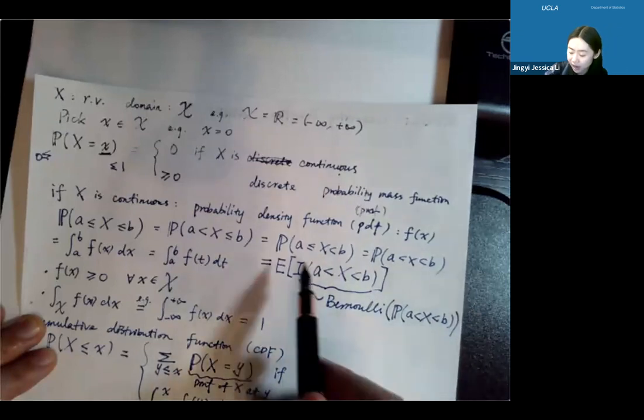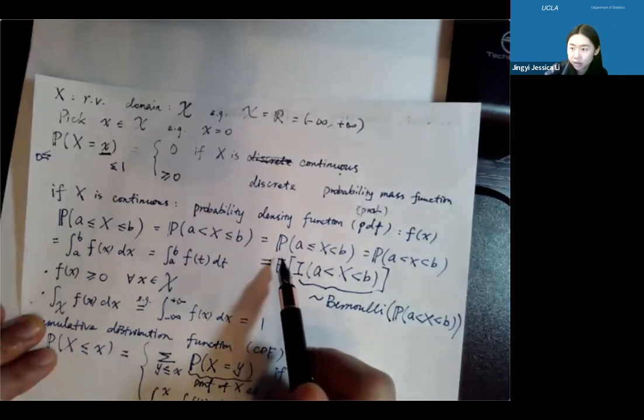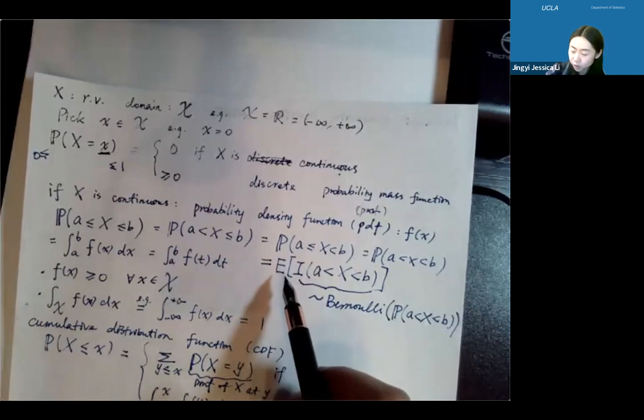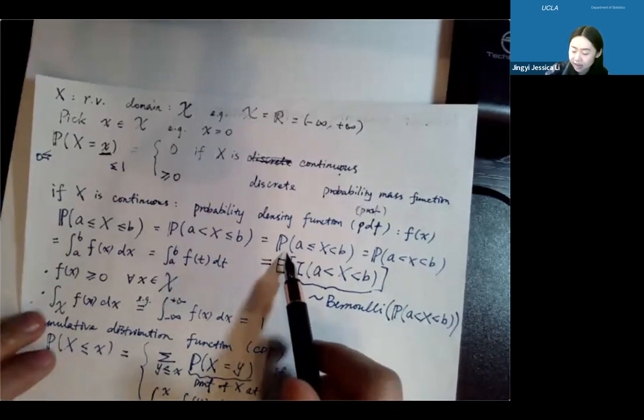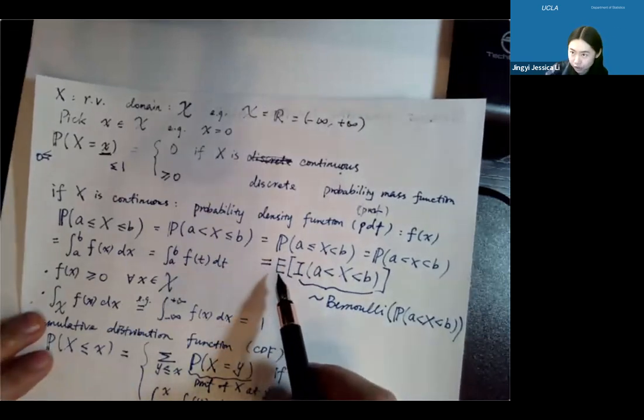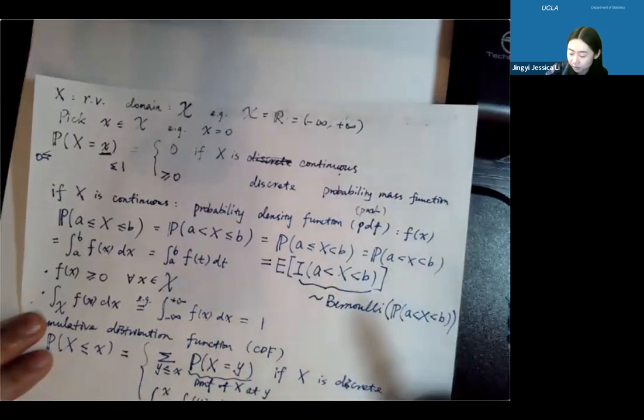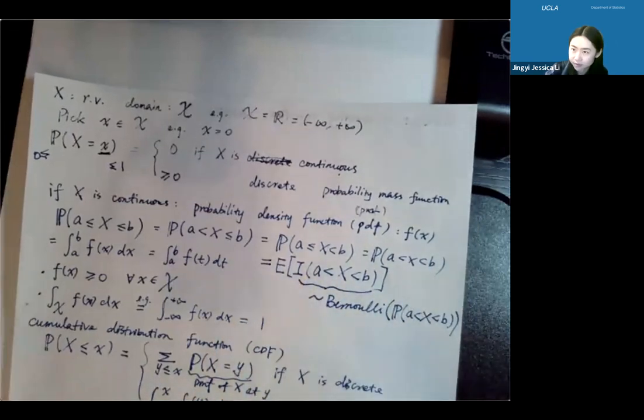That's why we have these two things equal. So therefore, we can often equivalently write the probability as the expectation of some indicator random variable correspondingly. And this can make some of our discussion easier. But I'm just making this as a side note. So it's okay if this is a little bit advanced for now. But yeah, I think it's just interesting to know this.